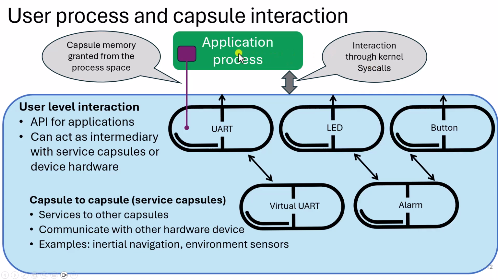We'll get into more details of how this actually works, but the main idea is that the capsule memory for these buffers is granted by the process. That way, if the process shuts down, all of this memory is also freed.